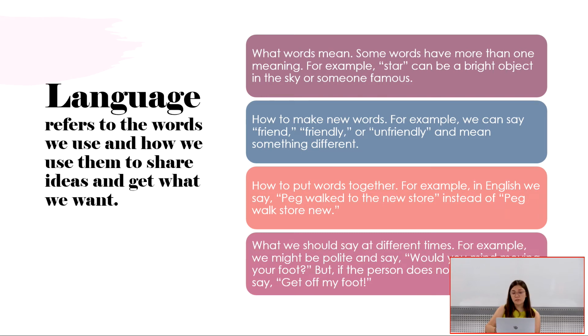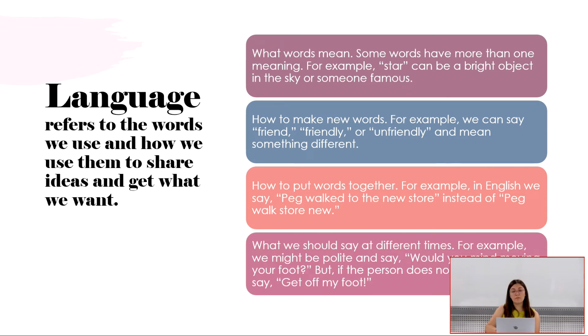When we start to learn a new language, we are not that competent, and we don't know how to make new words or how to add suffixes, affixes, and other things that are added to words.